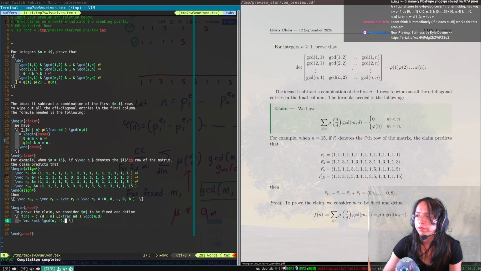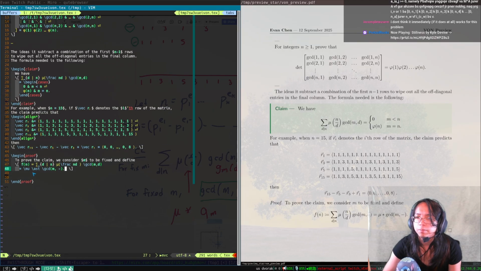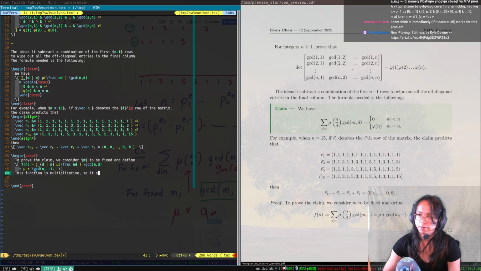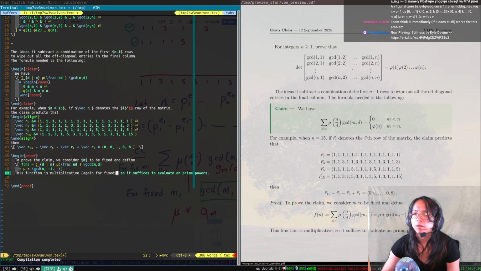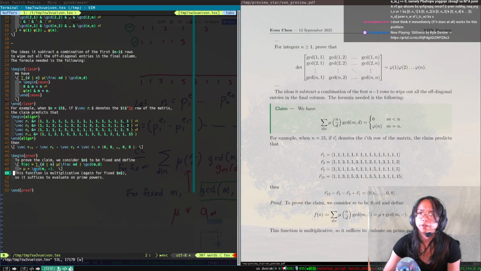Okay, so where was I? This function is multiplicative, so it suffices to evaluate on prime powers. Maybe I should use a letter that isn't M. How about R? I think R is a little more intuitive.